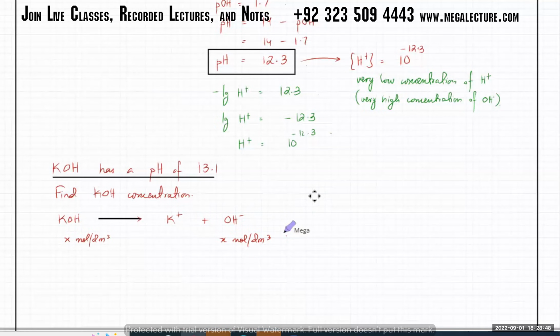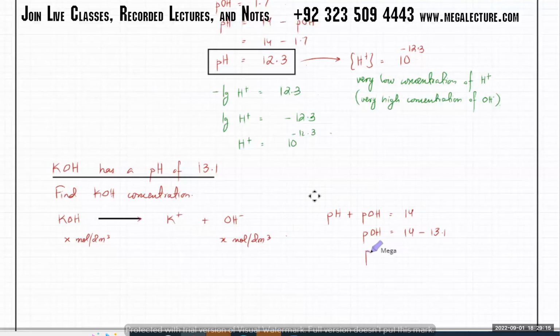But the thing is, pH is given. What do I do with pH? I remember for bases, you don't deal with pH. So pH is 13.1. We know that pH plus pOH is equal to 14, right? So what I can simply do is calculate pOH. It's going to be 14 minus 13.1, and that will give me 0.9.